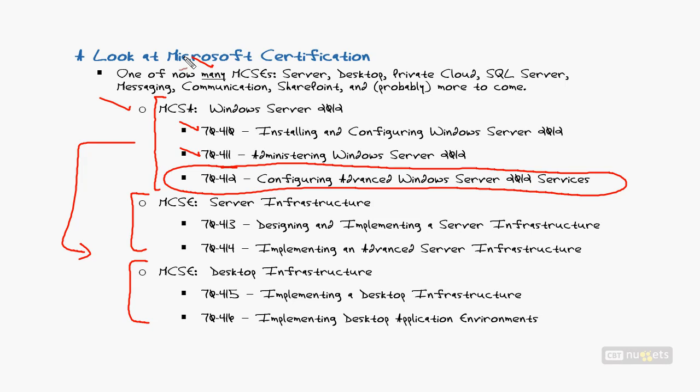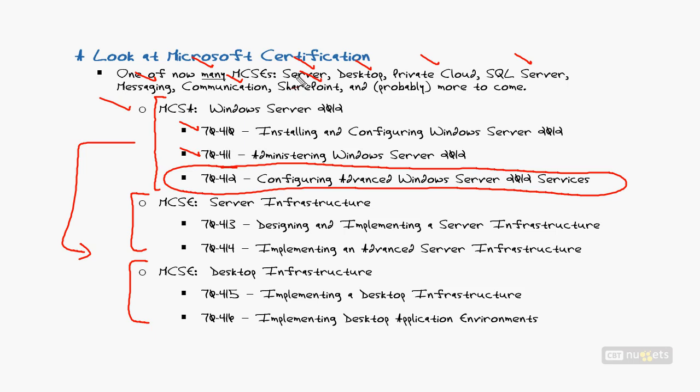It used to be you got an MCSE and that was it. These days you get an MCSE in server, and desktop, and private cloud, SQL Server, and a variety of other Microsoft technologies. So they're technology oriented as opposed to being just one big MCSE for everything like they were back in days before the MCITP.